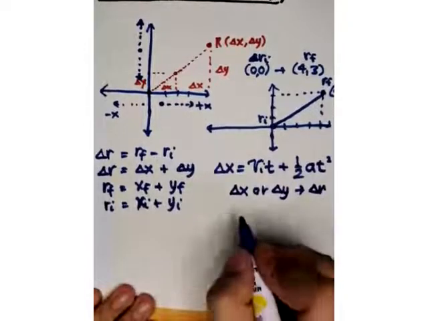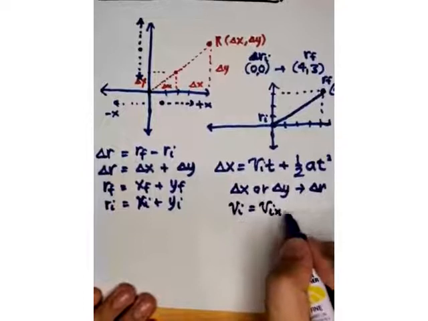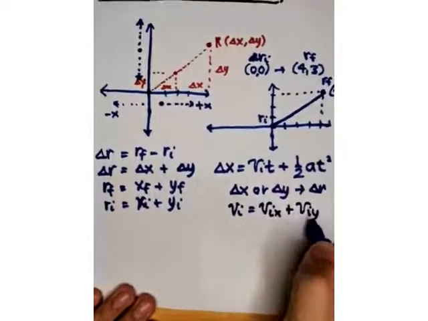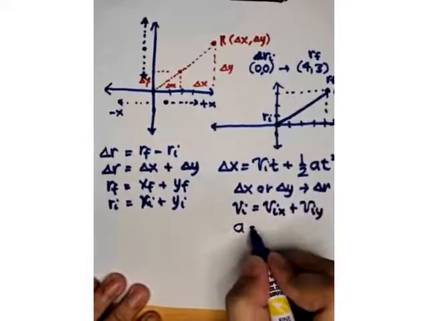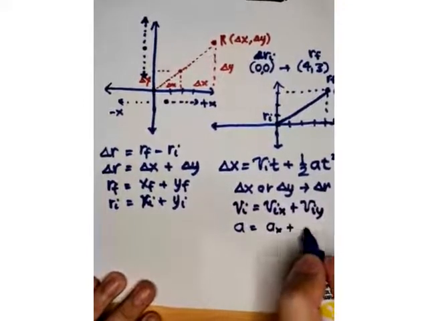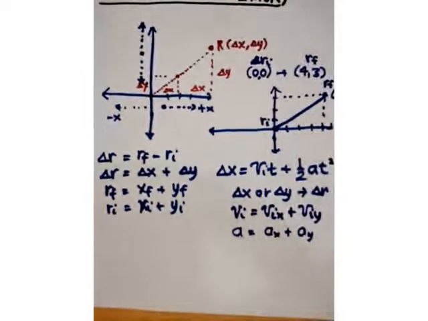At yung V initial natin will be V initial X plus V initial Y, kasi meron na siyang dalawang dimension. At yung A natin will be AX plus AY. Kasi possible na maging two-dimensional lahat ng quantities natin sa formula, except of course with time.